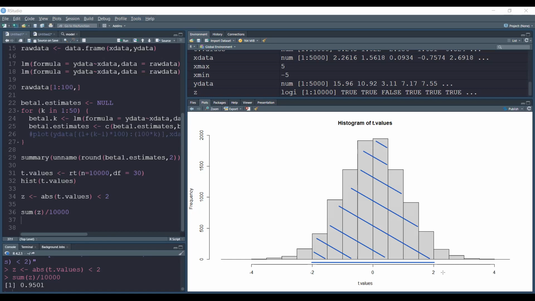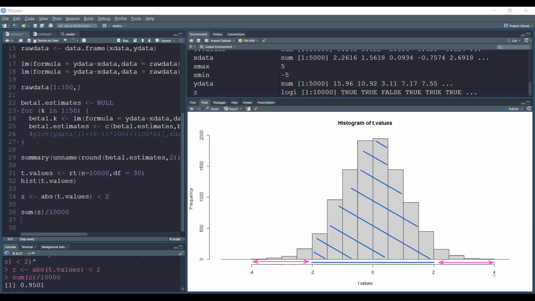If something follows a t distribution with 30 degrees of freedom, it's not that important what the 30 degrees of freedom means for the time being. You should only expect theoretically 2.5% of your values to be less than -2, and 2.5% of your values to be greater than 2.